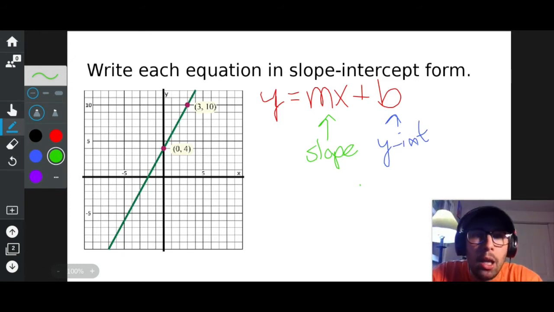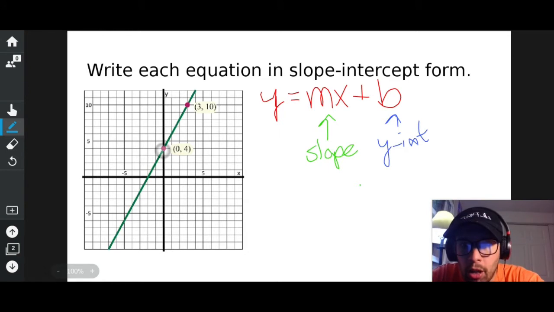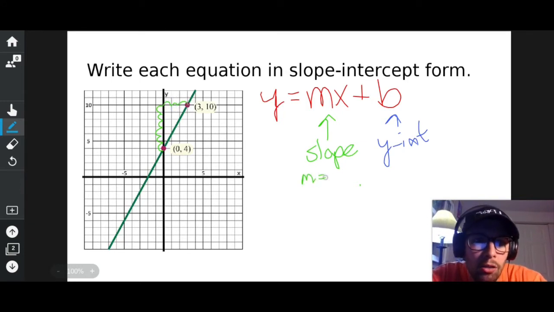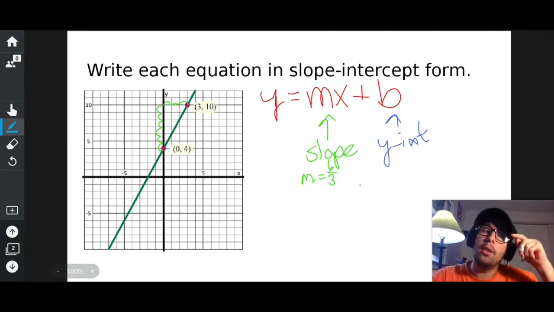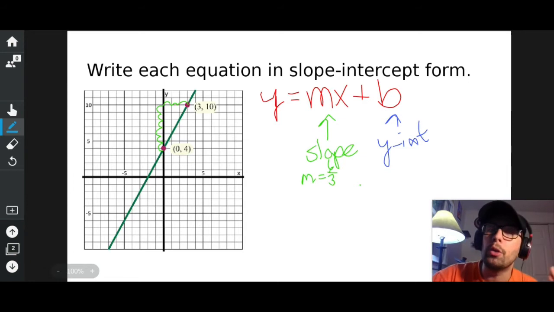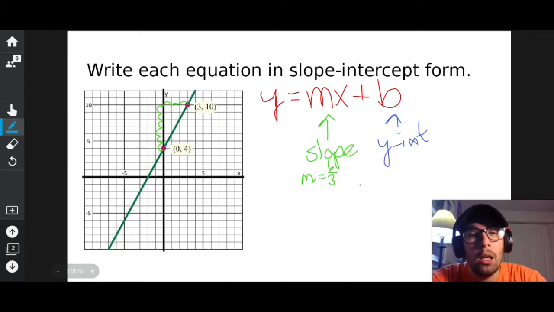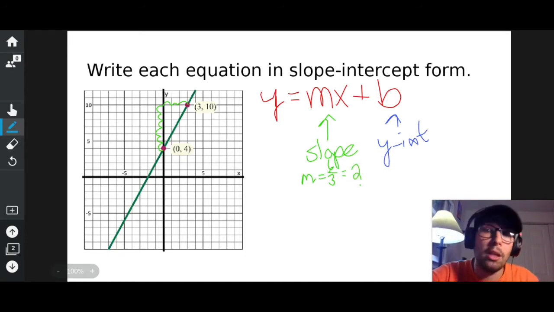I go up 1, 2, 3, 4, 5, 6. I rise 6 and I run 1, 2, 3. So my slope is rise 6, run 3. Now, if you can simplify slope, do it; if you can't simplify it, keep it improper. 6 over 3 simplifies to 2. So my slope is 2.